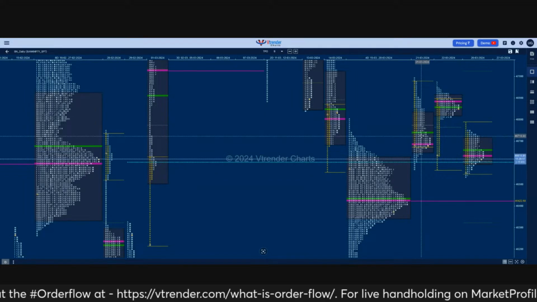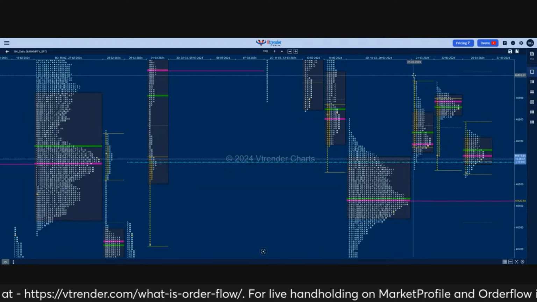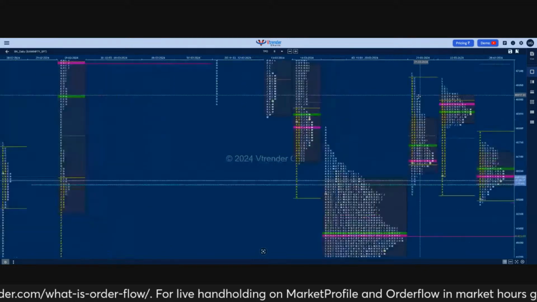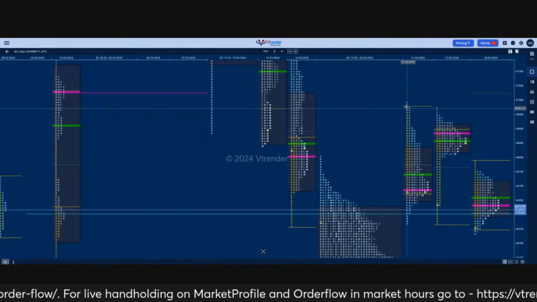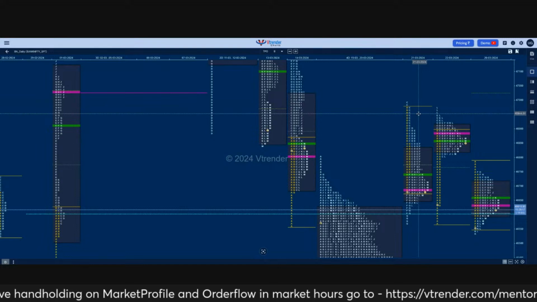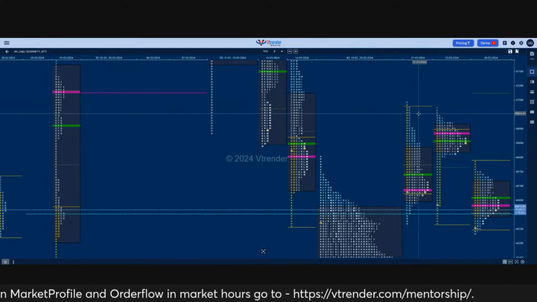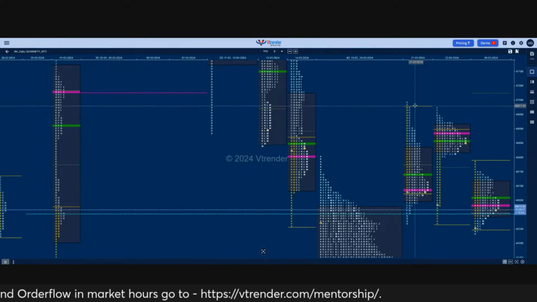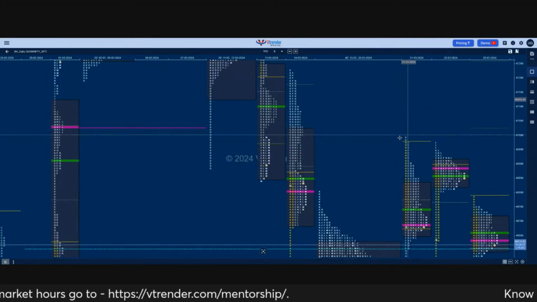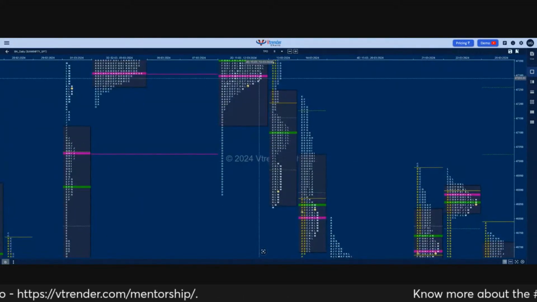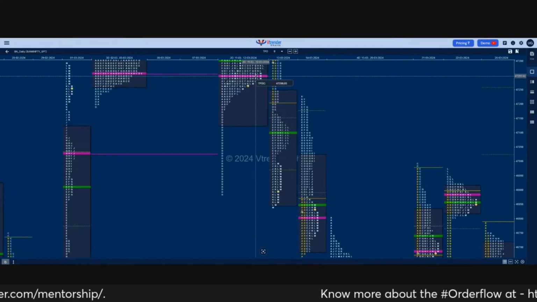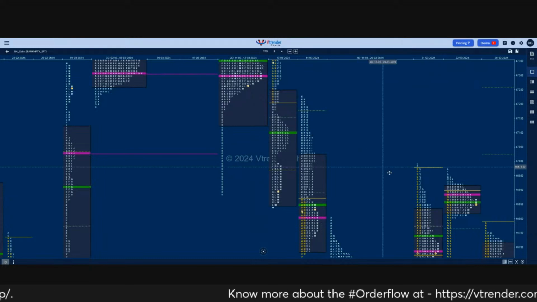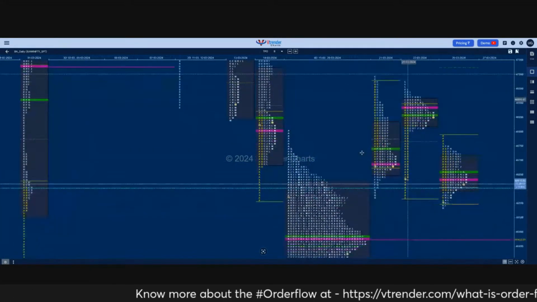We made higher value, but the upside got exhausted from this FA. You can see the range extension here, and this is an FA. So this FA is at that 46,990 level which I was mentioning. So that will be our first reference on the upside. And if we take this out, we are moving towards this VPOC of 47,300.